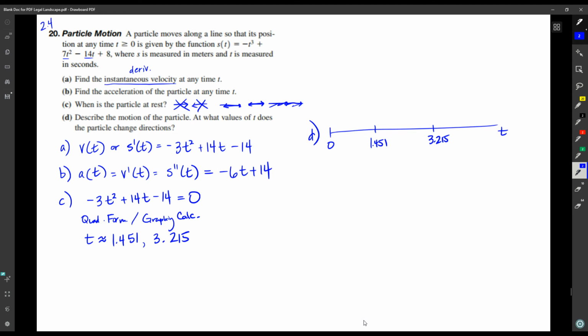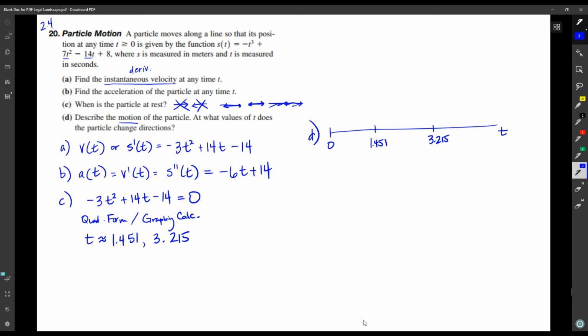So I'm wondering what the sign, whether positive or negative, of the velocity is in the intervals: between 0 and 1.4, between 1.4 and 3.2, and then after 3.2. Maybe that gives me an idea of the motion of the particle.